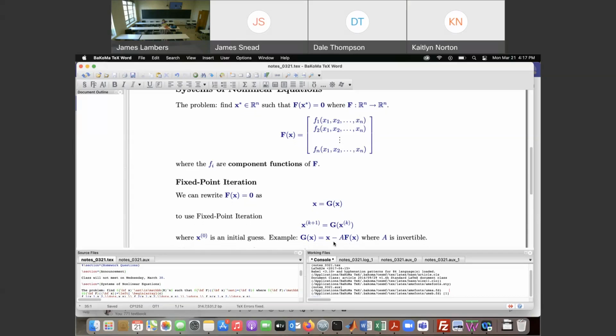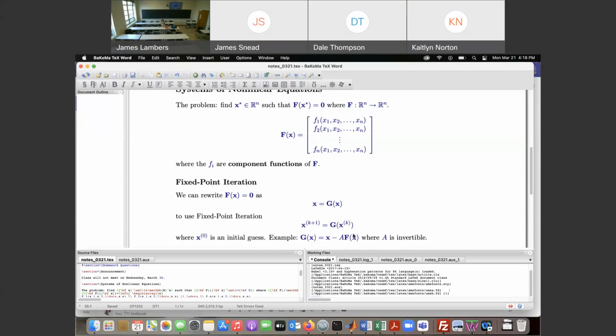Suppose g of x equals x, then we would want A times f of x to be the 0 vector. And if A is an invertible matrix, the only way A times f can be 0 is if f of x is 0. So g of x equals x implies f of x equals 0.